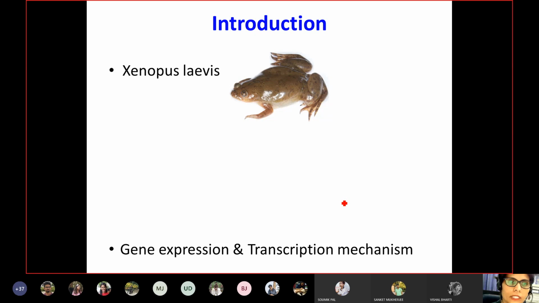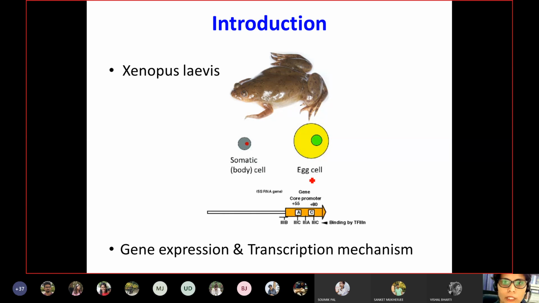The zinc finger story starts with Xenopus laevis, the Xenopus frog. It was observed that this frog contains two types of 5S rRNA gene, one coming from somatic cells and one coming from egg cells, or oocyte type. So basically what you see here is the 5S RNA gene.